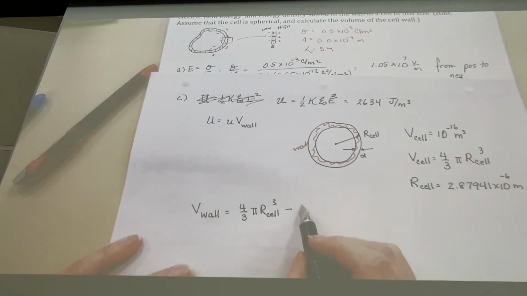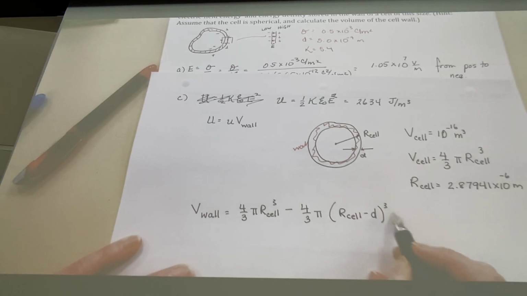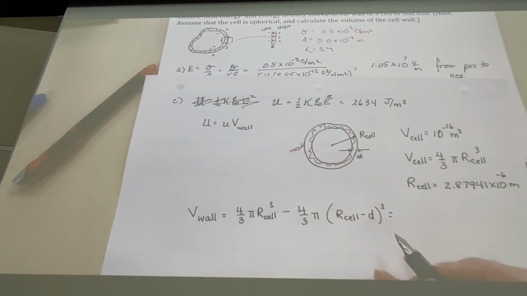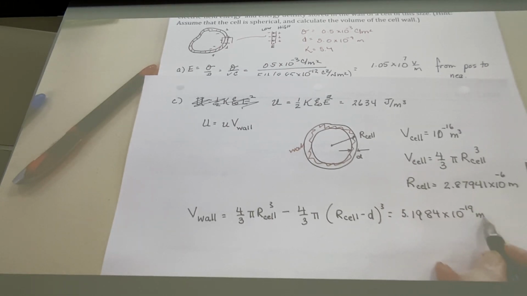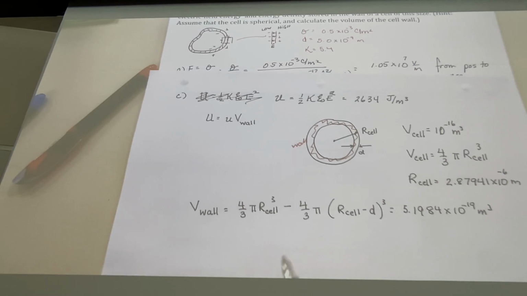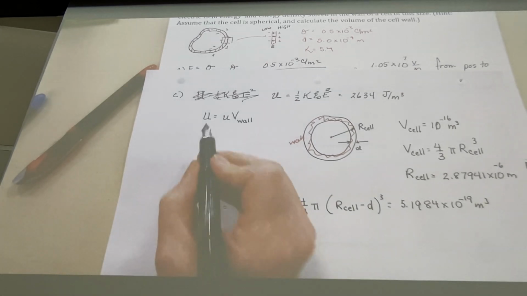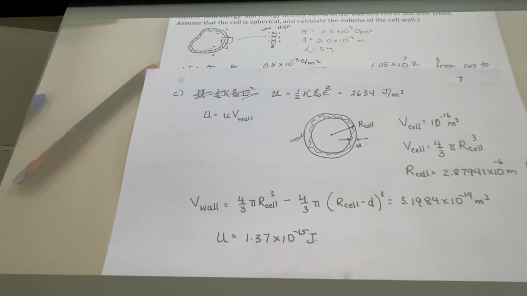So that would be minus 4/3 pi times r cell minus D cubed. So the volume of the wall is 5.1984 times 10 to the minus 19 meters cubed. So the volume of the wall is really small compared to the cell. That makes sense. They're very thin walls. And then the total energy, if we do the density times the volume of the wall, 1.37 times 10 to the minus 15 joules.